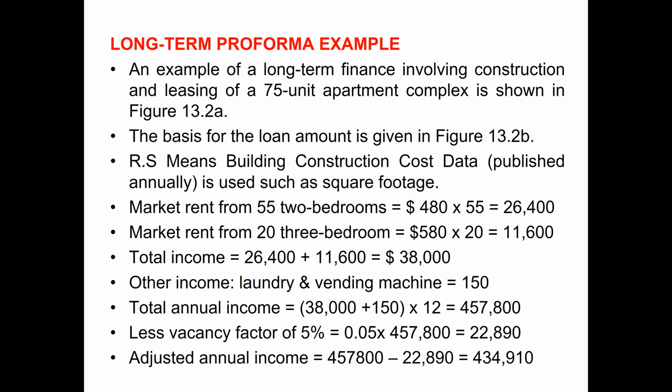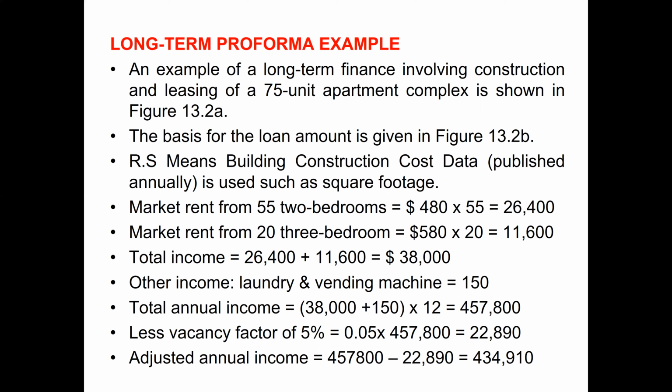Your book is going to give an example of a long-term pro forma, like they are going to brief this with an example. So here is an example of the long-term finance involving construction and leasing of a 75-unit apartment complex as shown in figure 13.2a.